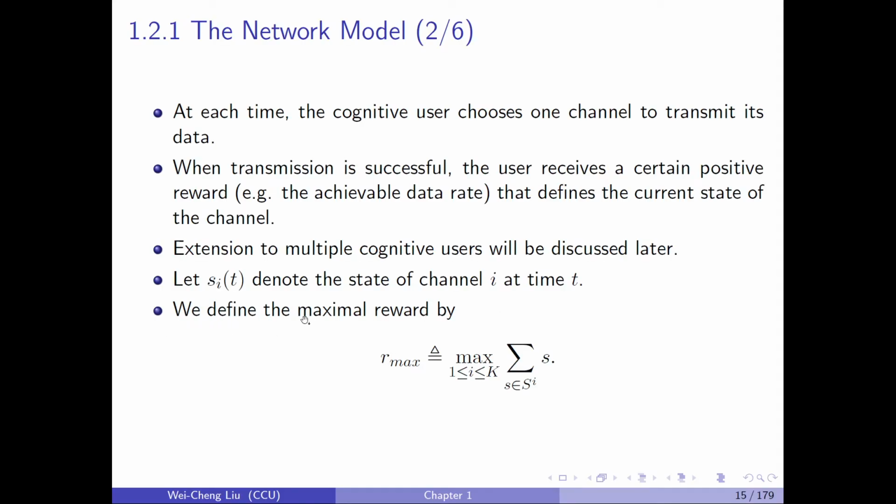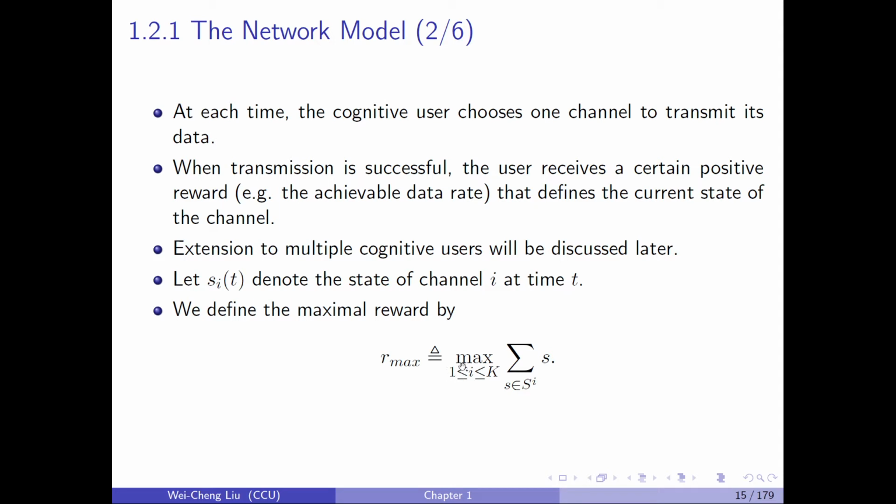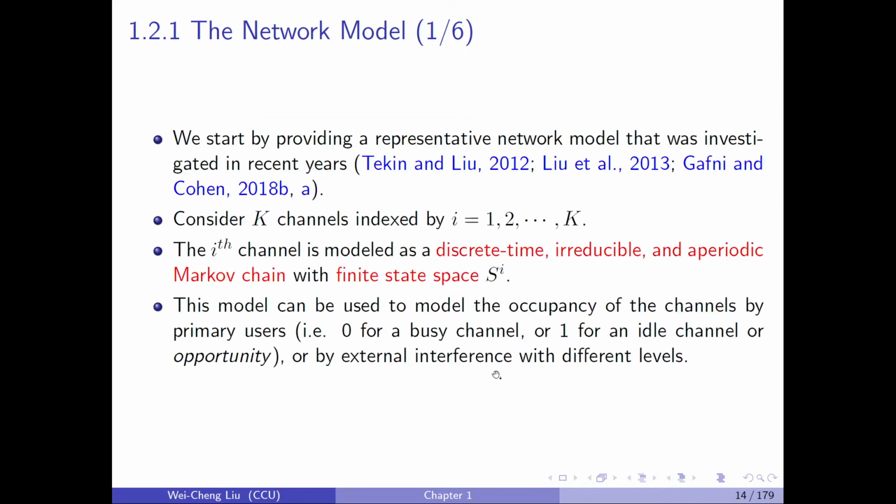We define the maximum reward by Rmax, which is defined as the maximum of the summation of small s, where small s is in capital Si, and capital Si is the finite state space of the ith channel, and 1 is smaller than or equal to I, and I is smaller than or equal to capital K, and capital K is the number of the channels.